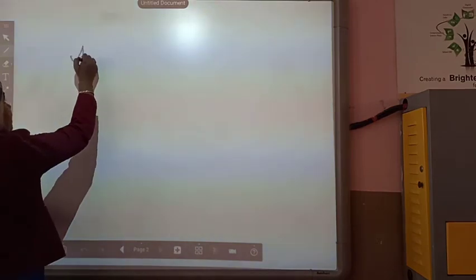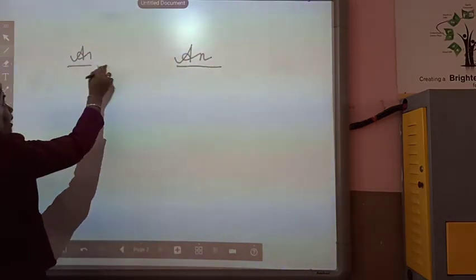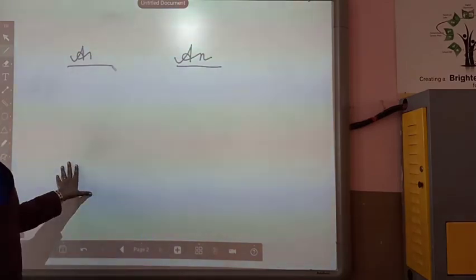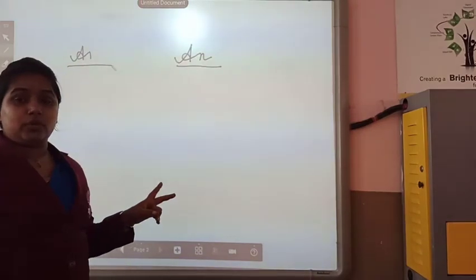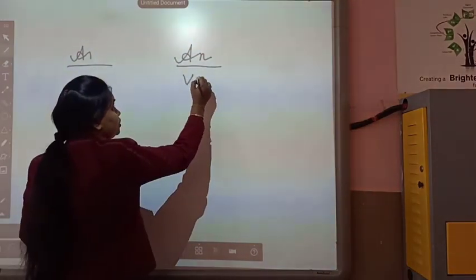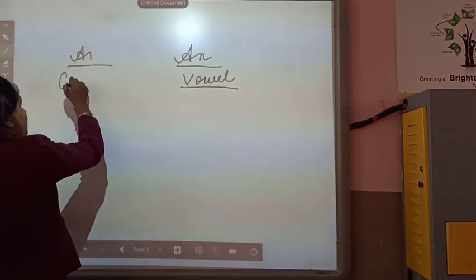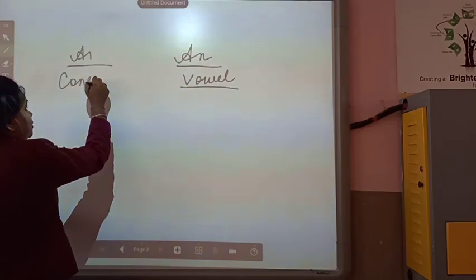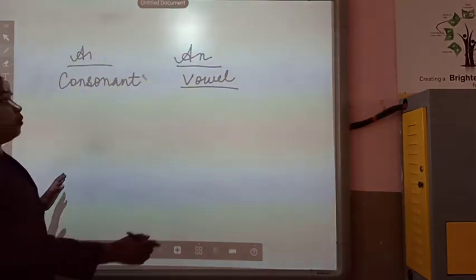Now, a and an. You have learned from your first class itself about vowels and consonants. We have learned that an is used with the words which start with vowels, and a is used for the words which start with a consonant.